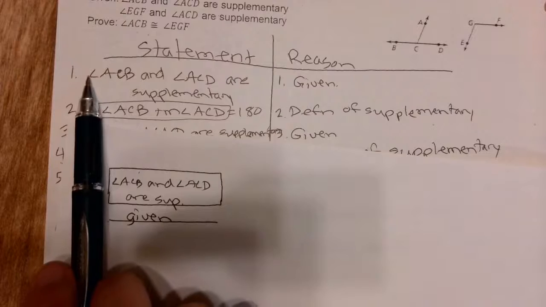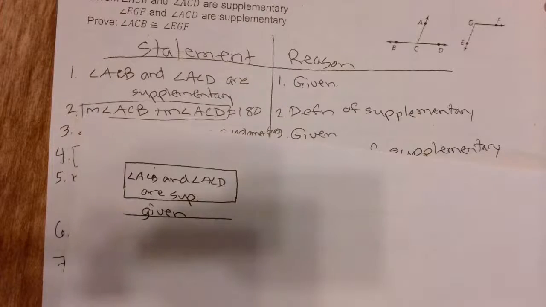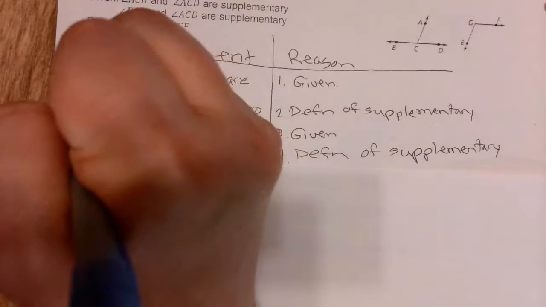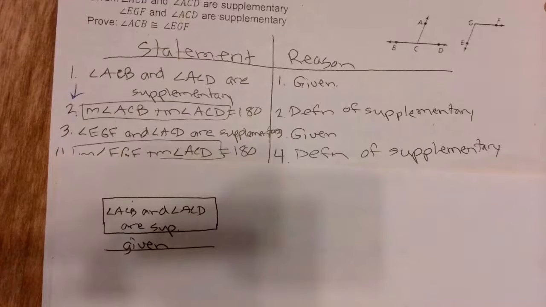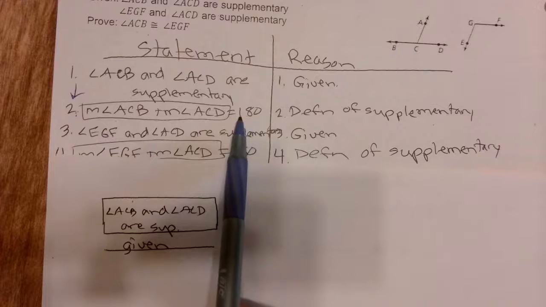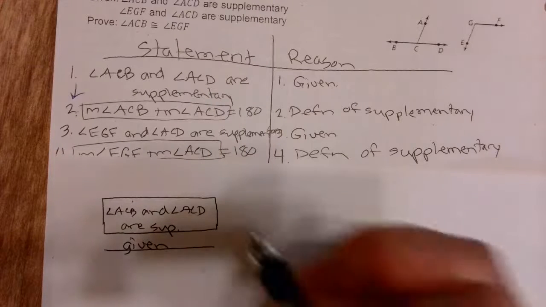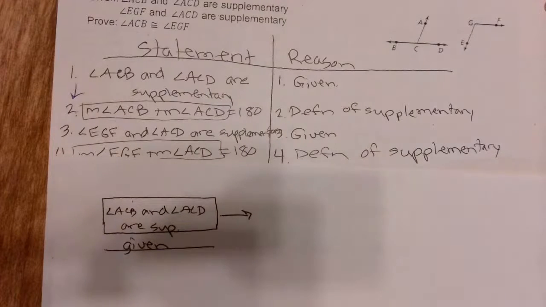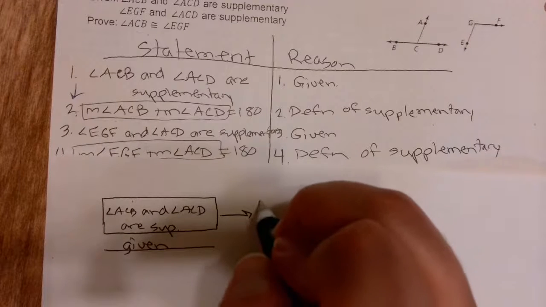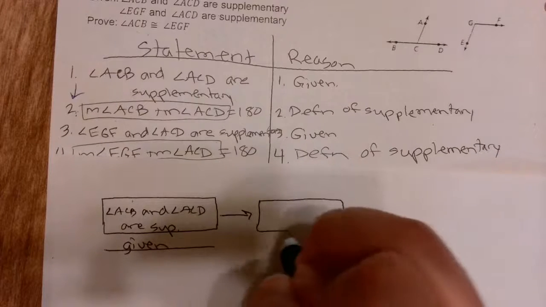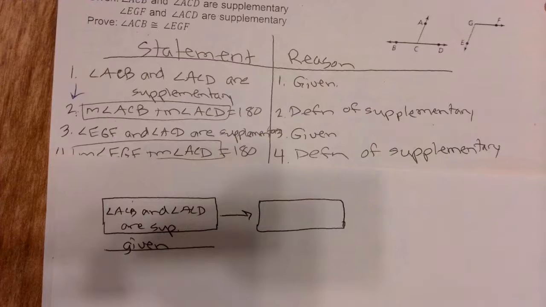What did line 1 tell us? Well, line 1 told us line 2. Right? We knew that these equaled 180 degrees because line 1 said they were supplementary. So, line 2 connects to the box from line 1.